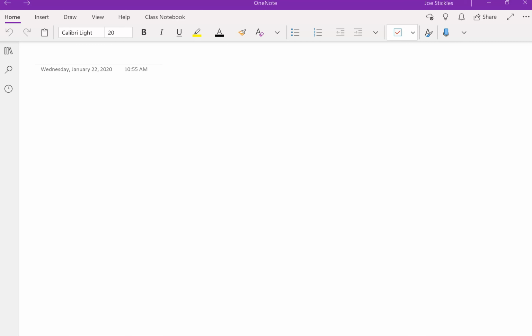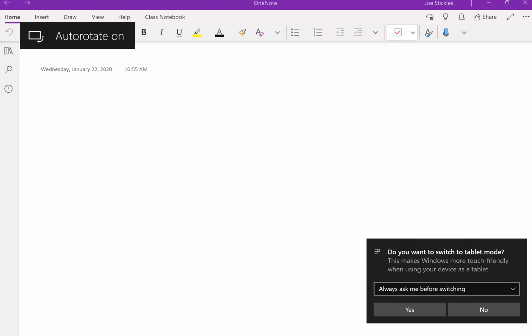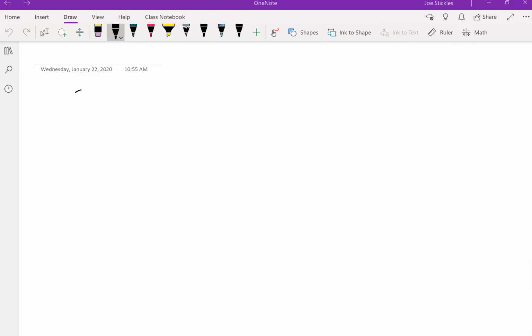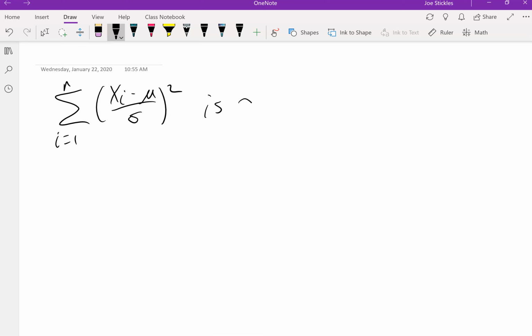So if I just write that down real quick, just kind of review through it. We had the sum from i equals 1 to n of x sub i minus mu over sigma, squared. That was chi-squared of n.